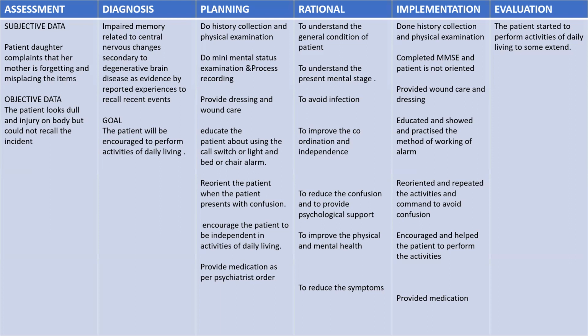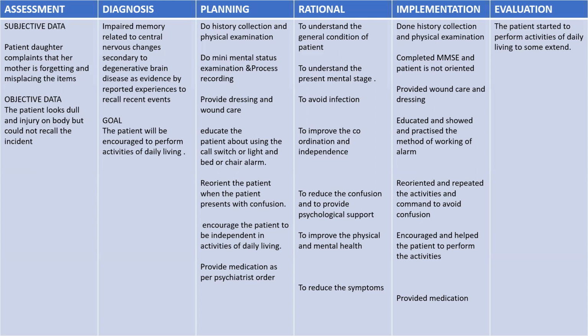Then reorient the patient when the patient presents with confusion to reduce the confusion, and reoriented, repeated the activities and commands to avoid confusion. Encourage the patient to be independent in activities of daily living, to improve the physical and mental health. Encouraged and helped the patient to perform activities.